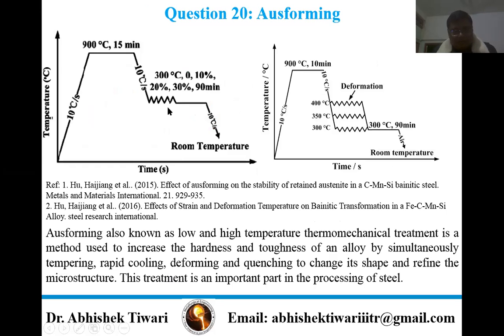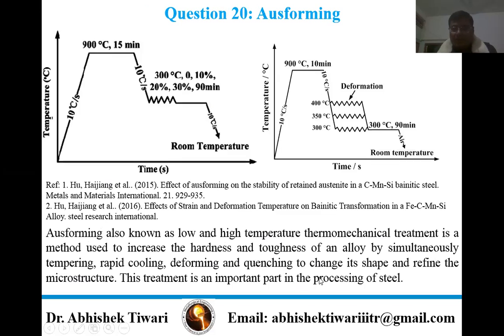Now ausforming. So the ausforming operation is this: at 900 degrees centigrade we do heat treatment. Ausforming, also known as low and high temperature thermomechanical treatment, is a method used to increase the hardness and toughness of an alloy by simultaneously tempering, rapid cooling, deforming, and quenching to change its shape and define the microstructure.